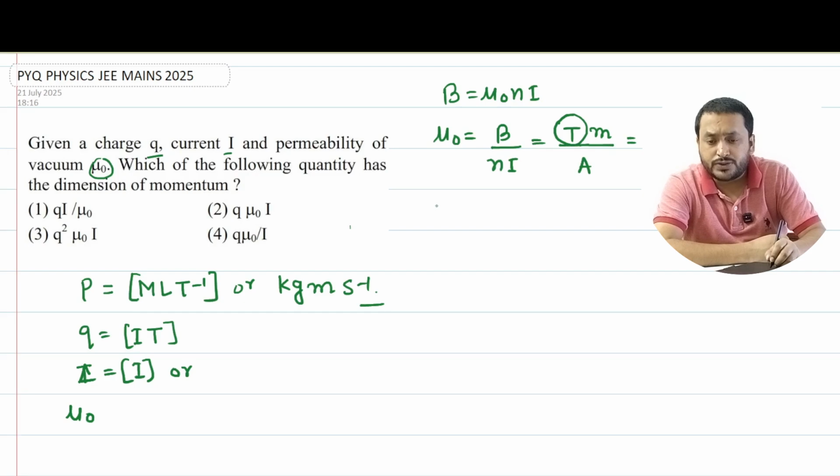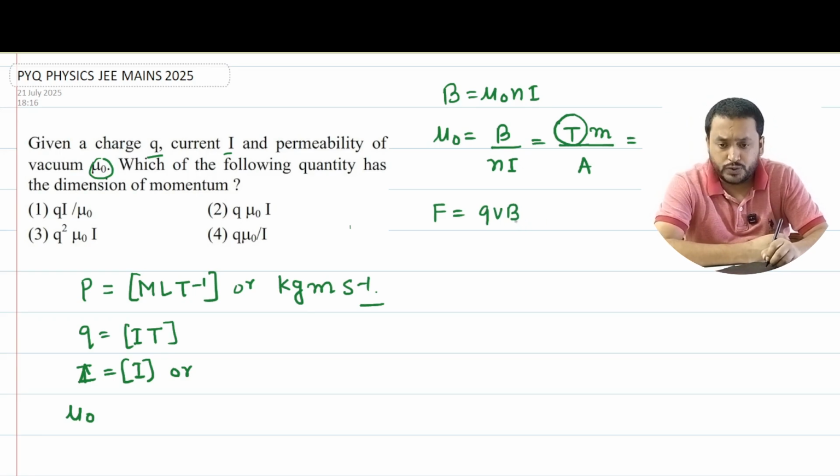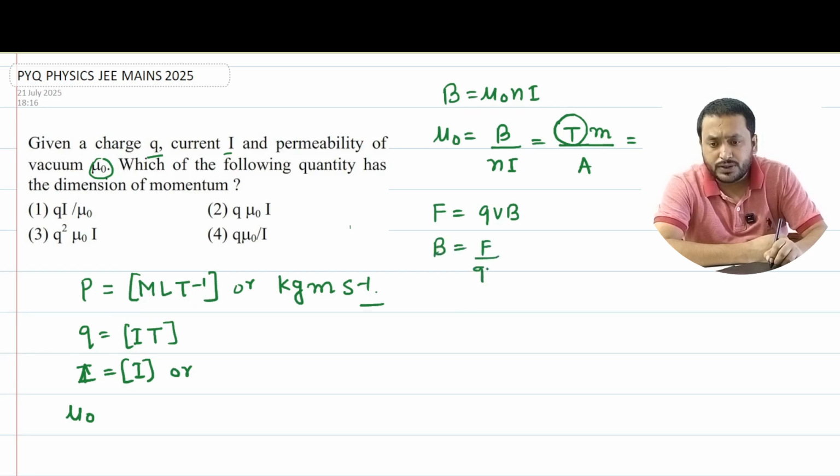We have one more formula, Lorentz force F is equal to Q V B, right? I'm ignoring sine theta now because that has no unit. So B is basically F by Q V, correct? F is Newton, Q is nothing but ampere into second, I'm writing just the unit, and velocity is meter per second.